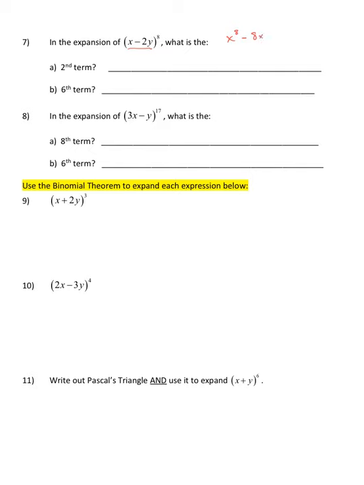And then it'll be x to the 7th, and then it will be 2y to the first. Now, since I knew it was negative, I put a 2y here, but the other way you can look at that is x to the 8th plus 8x to the 7th, and then put a negative 2y to the first.